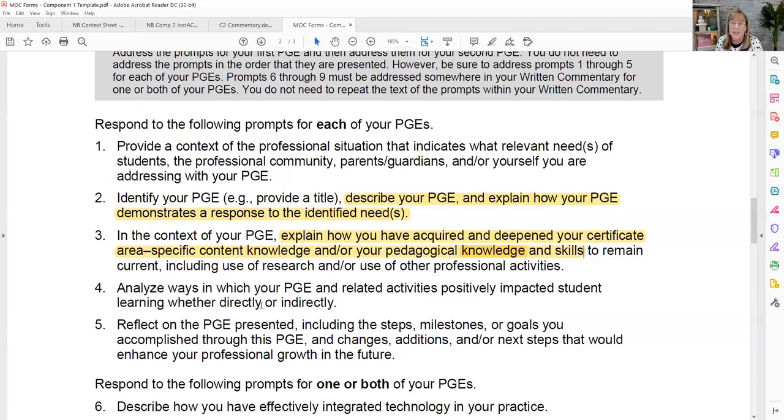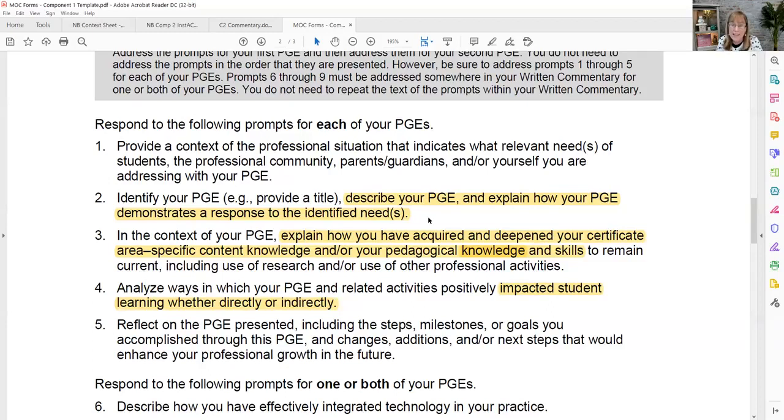And then you are also going to be able to sprinkle that direct student impact right along with the description. Oh, I took this course. I learned a lot about STEM education and how I can make it go from STEM to STEAM. And this was the impact on my students' learning, indirect or direct.